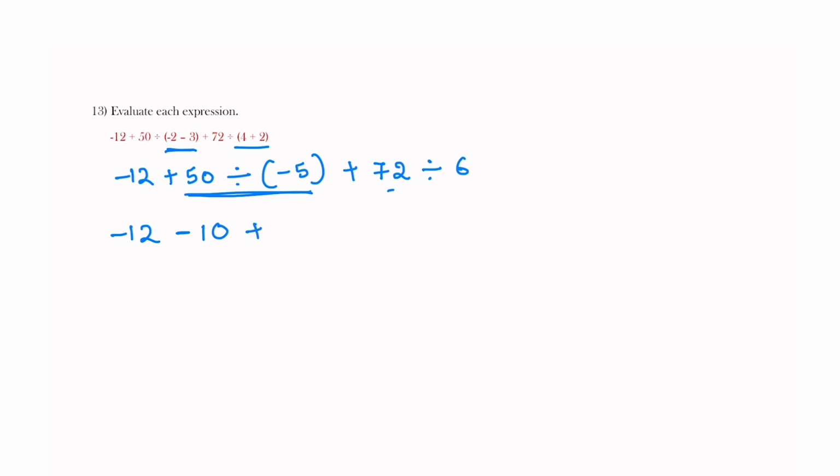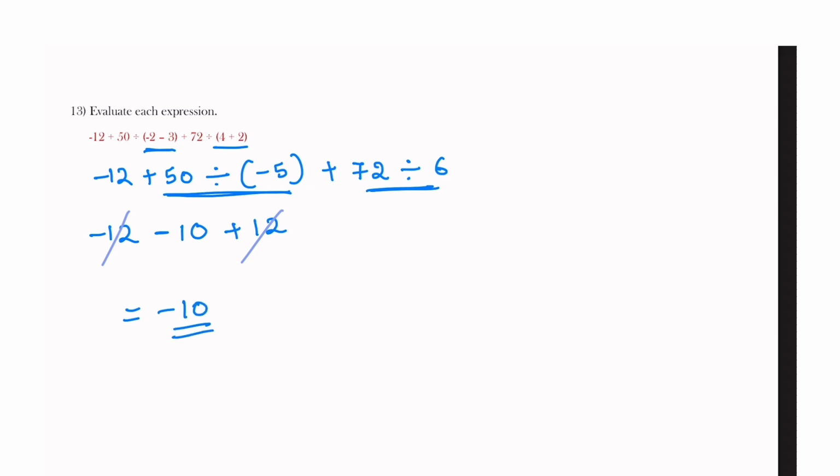Plus, we can do this division also. 72 divided by 6, which is 12. Remember your times tables. And here, this is very simple. Minus 12 and plus 12 can be taken out easily. So the final answer here is 10 and a minus sign, of course.